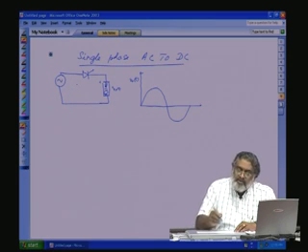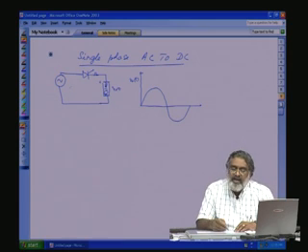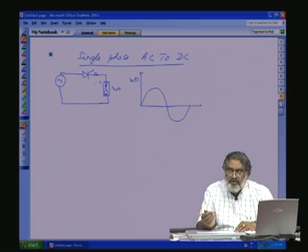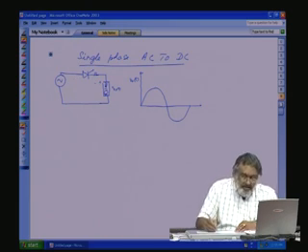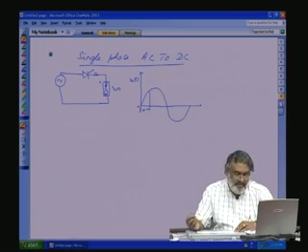So, the moment you give the gate pulse, the thyristor will be turned on, and when reverse voltage is applied across the thyristor, it will switch off immediately. So, let us say at this point we are giving the firing angle alpha. Firing angle will be represented as alpha, with respect to this point, the starting point of our mains, the zero crossing.